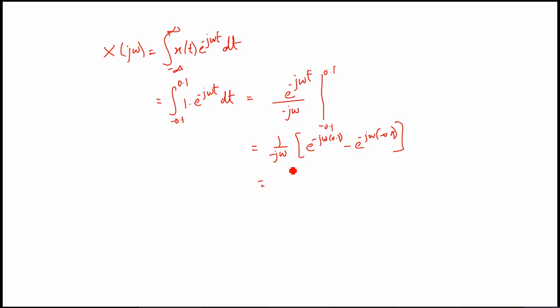And then we can just take 2j, so 2 over omega, we can take it inside, and we end up getting e raised to the power of j omega into 0.1 minus e raised to the power of minus j omega into 0.1, the whole thing divided by 2j, which we know is going to be sine.